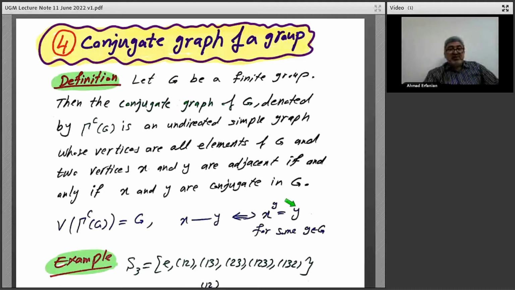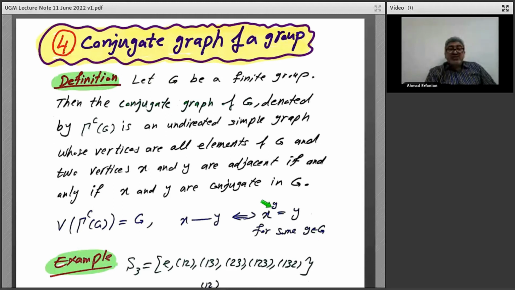All right, now let us move to another algebraic graph, which is the conjugate graph of a group. You know the definition of two conjugate elements. If we have a group G, two elements X and Y are conjugate if and only if there exists an element g such that X to the g is Y. Now by this definition, we can define the conjugate graph.